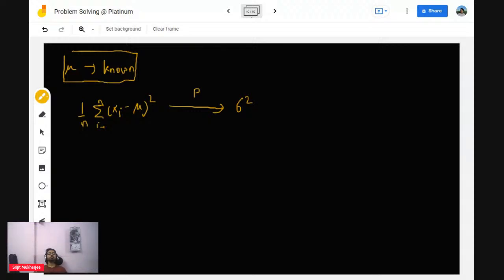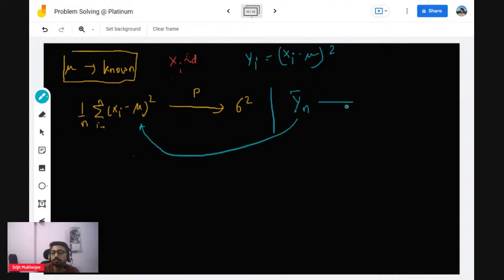Here mu is known, so we define a new random variable Yi equal to (Xi minus mu) whole square. The Xi are IID. If you apply WLLN on Yn bar, by WLLN this converges in probability to the expectation of Yi, which is sigma square.